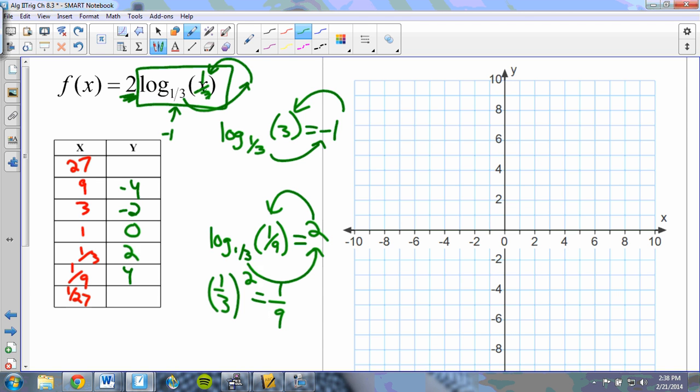So I have the point a ninth, 4, a third, 2, 1, 0, 3, -2, did this in a funny order, I apologize, and 9, -4. My curve's going to go like this. And that's my graph. Domain, we haven't covered that yet, I guess: x greater than 0, range, all real numbers.